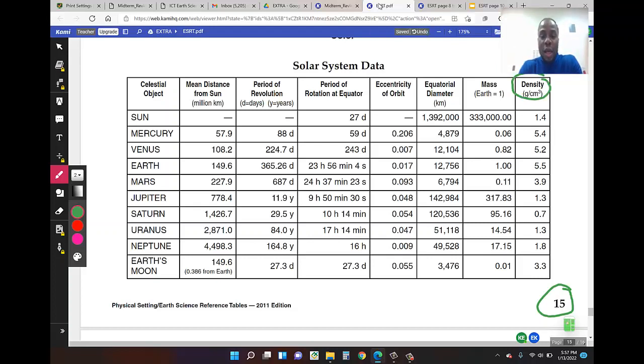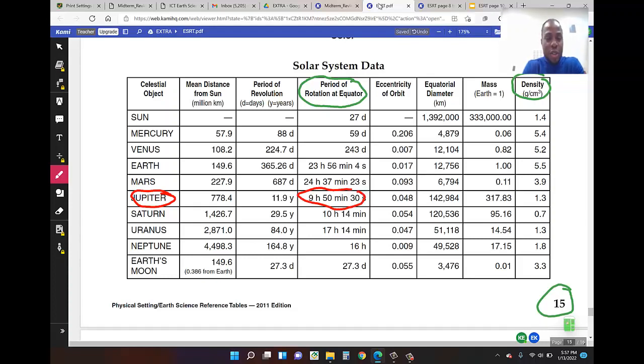And what column talks about period of rotation? Period of rotation at equator is also right here. So those are the two columns that I'm going to be working with, and the question talked about Jupiter, so we're working with Jupiter here, and the period of rotation for Jupiter is 9 hours.